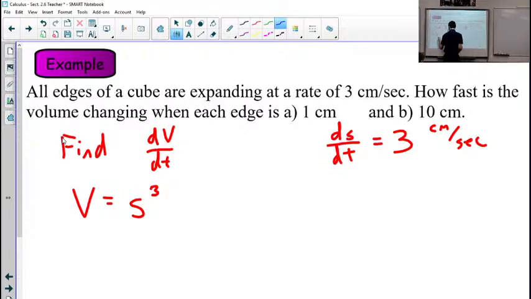So let's do our derivative here. Derivative of V is 1 dV/dt. We're taking all these derivatives with respect to time. So any variable we're taking the derivative of, we need to put it in terms with a dt on there.